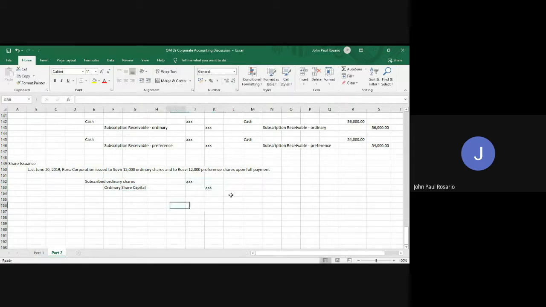And then, the second set is subscribe preference shares, and then preference share capital.